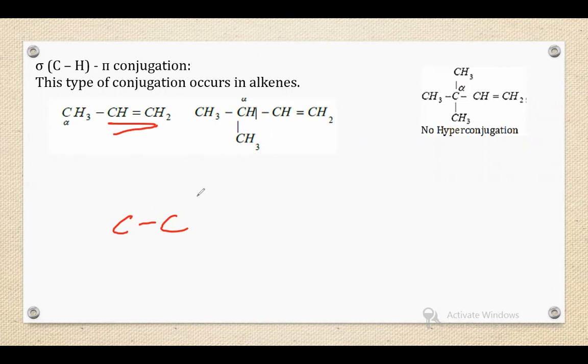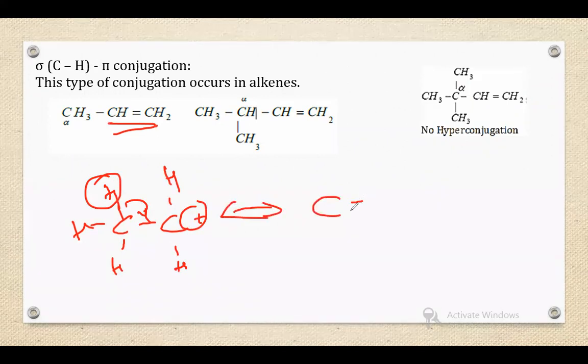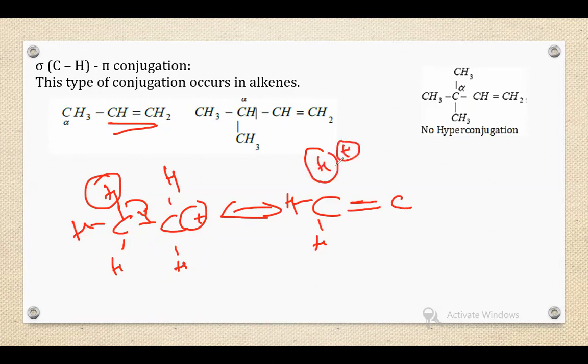Similarly, in the carbocation, the carbon has CH3 and a positive charge, with carbon-hydrogen bonds. Here, at minimum one hydrogen bond will break, and a carbon-carbon double bond will form. The other two hydrogens stay as they are, and the hydrogen that left carries the positive charge, with no bond between them. The CH2 and CH2 remain as they are.